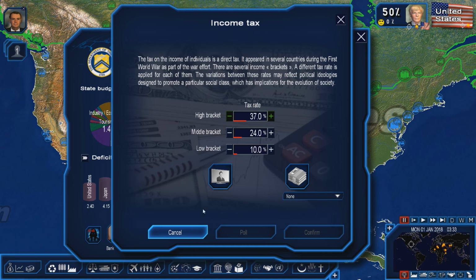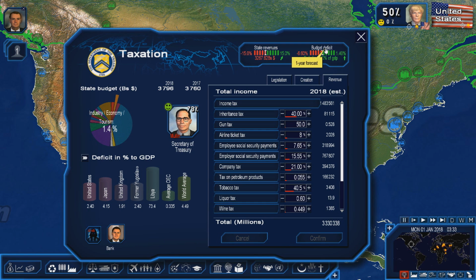If you're playing a right-leaning or conservative country, then creating a tax with low income taxes for the rich and middle class is very popular and will make your party like you. That is something very supported by a lot of those countries, and it always depends on both your political orientation and the orientation of your party.